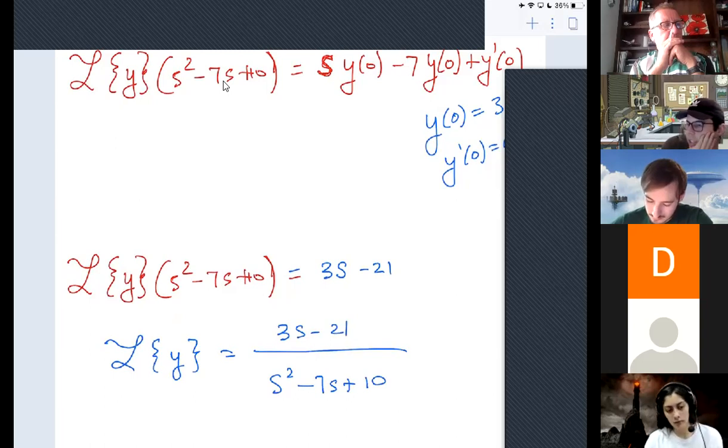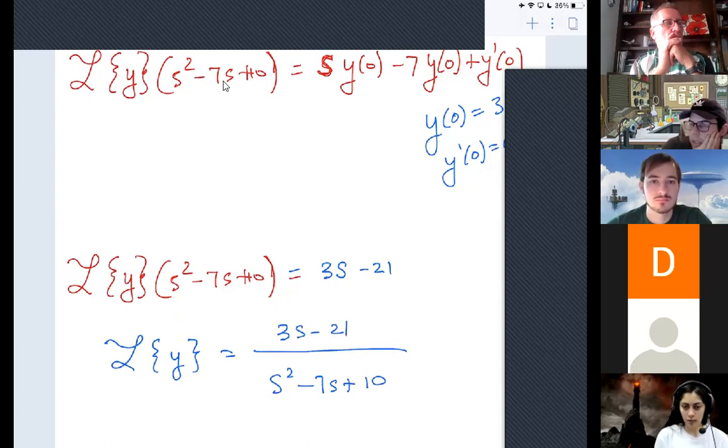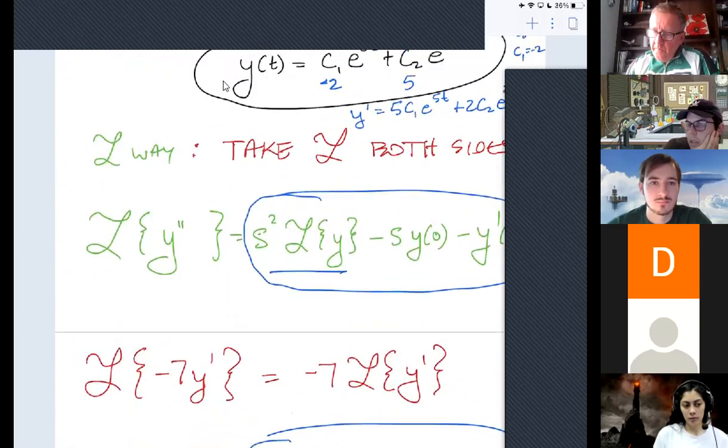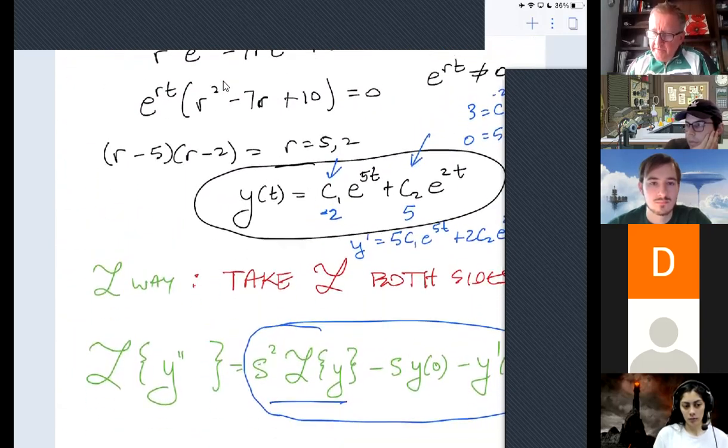Hey, Doug, out of curiosity, are we still using our guess of like C1 e to the RT plus C2 e to the RT? No, that's what's cool about this, we've made no such guesses. I feel like when we used the equation, we were going back to guessing a little bit. Does that make sense? When we plug back into that C1 e to the RT plus C2 e to the RT, I did that to get nice numbers.